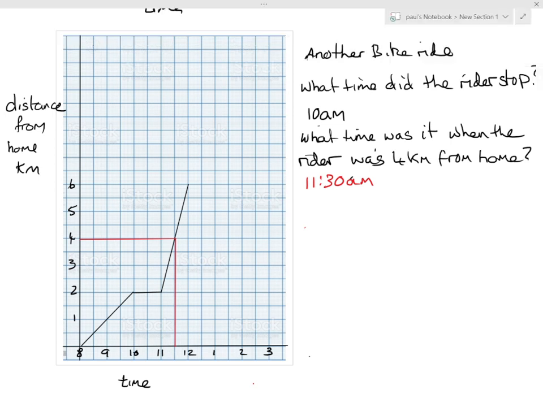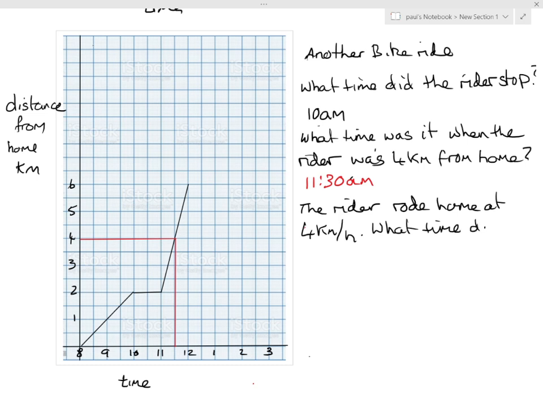Okay, now the rider rode home at 4 kilometers per hour. What time did the rider get home?